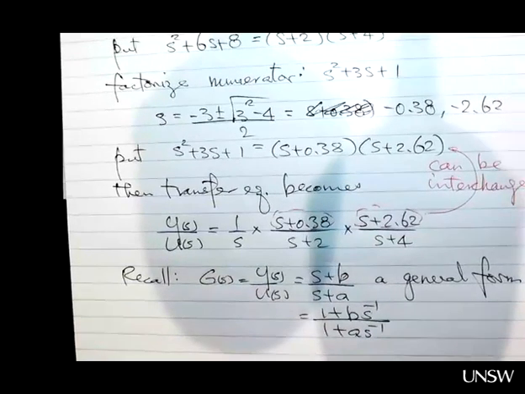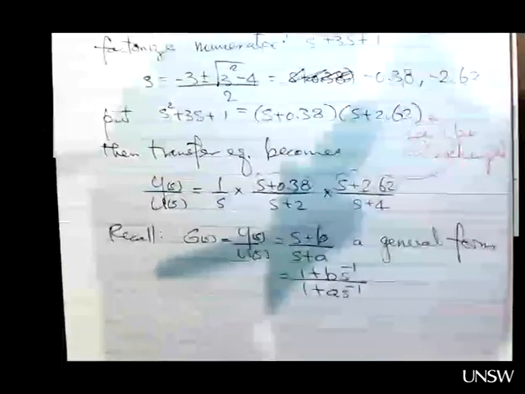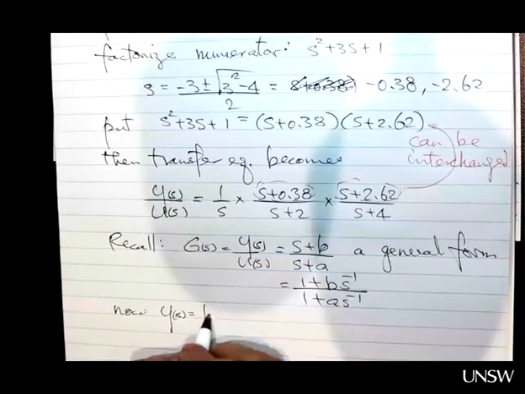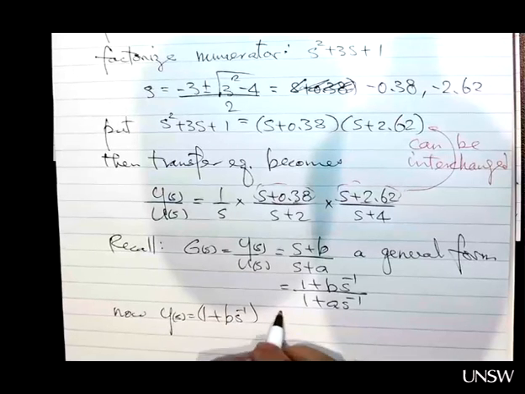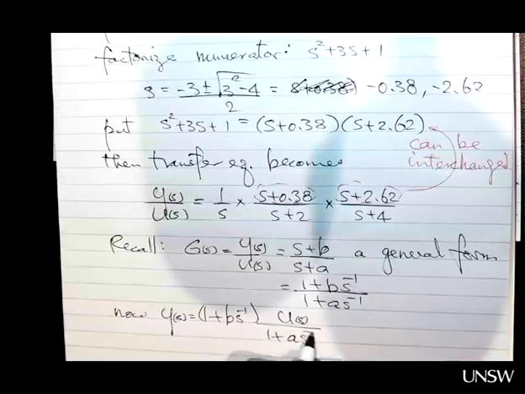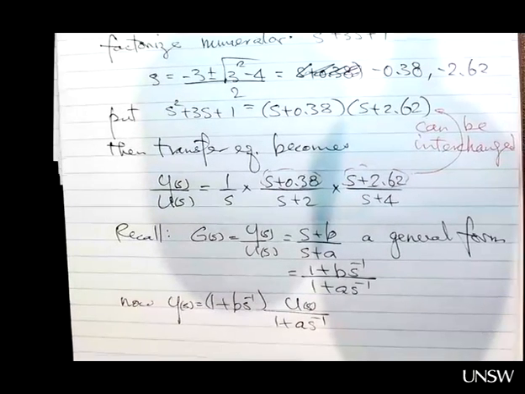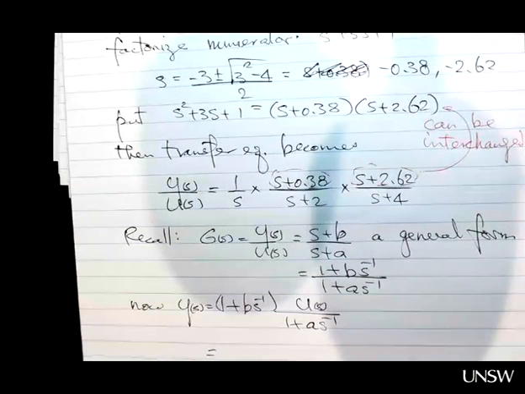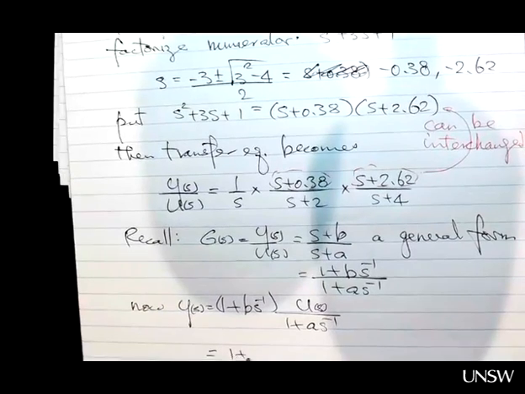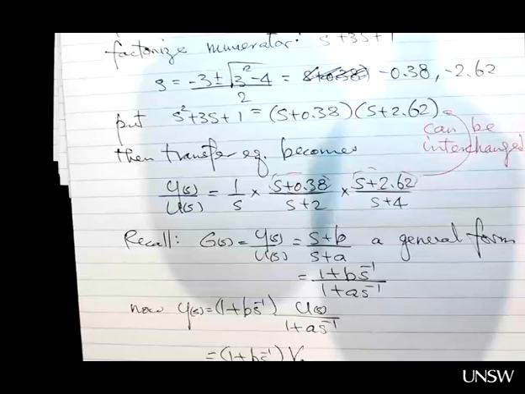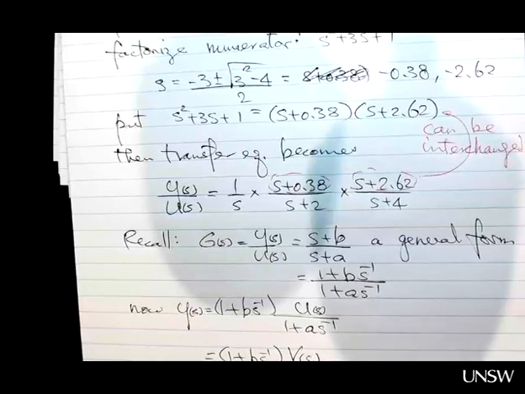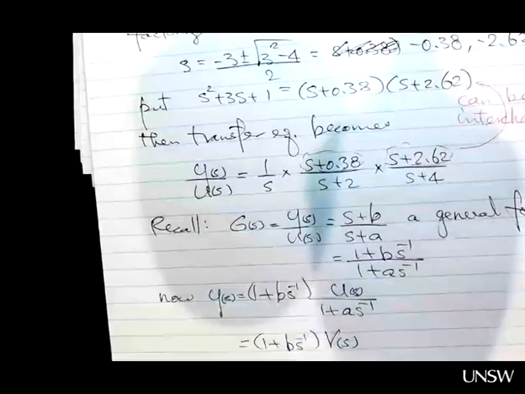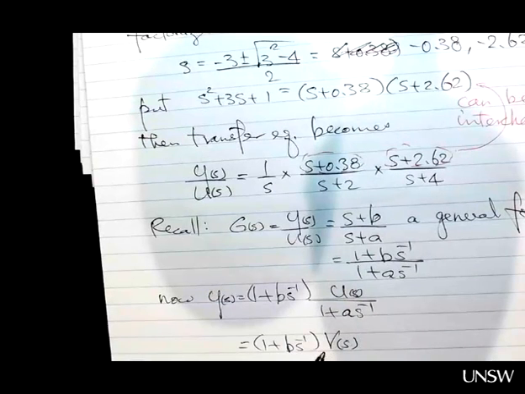Then following the method that we discussed earlier, we have now Y of s equals 1 plus b s to the minus 1, and then U of s over 1 plus a s to the minus 1. So we have this form. We also define an auxiliary variable, the V of s.